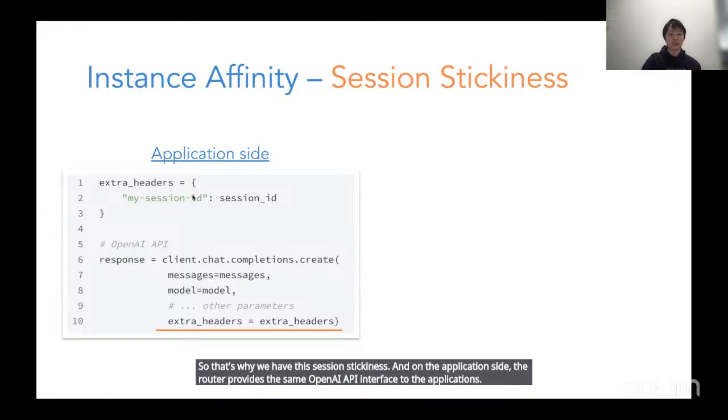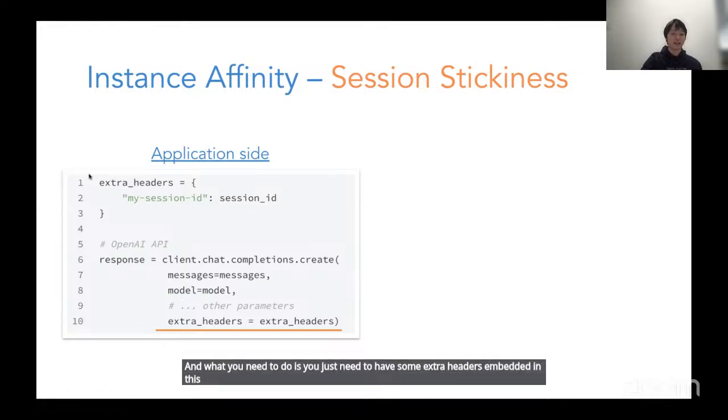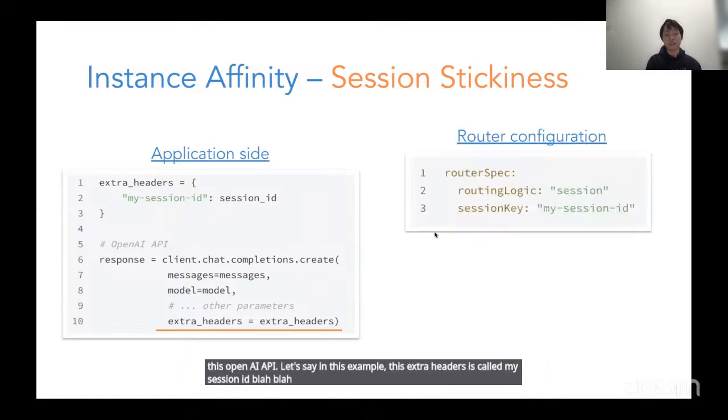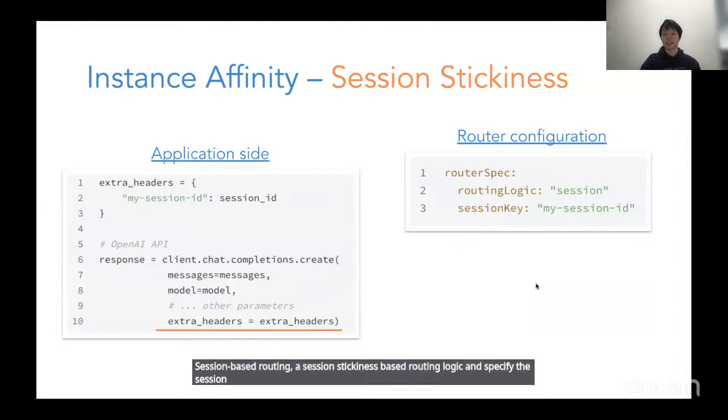What you need to do is just have some extra headers embedded in this OpenAI API. Let's say in this example, the extra header is called my session ID. And when using the production stack, you can just configure it to use the session-stickiness-based routing logic, and specify the session key to be my session ID.